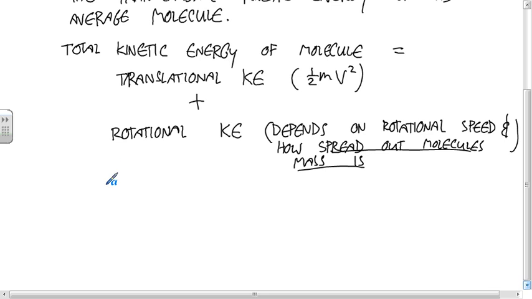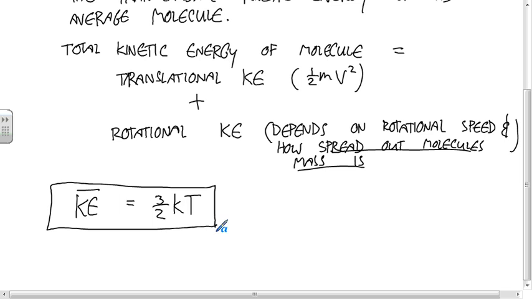So the relationship between kinetic energy and temperature says the kinetic energy, and that overbar means the kinetic energy of the average molecule, is equal to 3/2 times kT. So this is just the translational part, the translational kinetic energy of the average molecule.